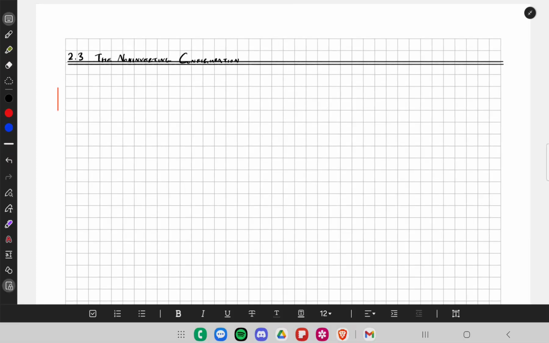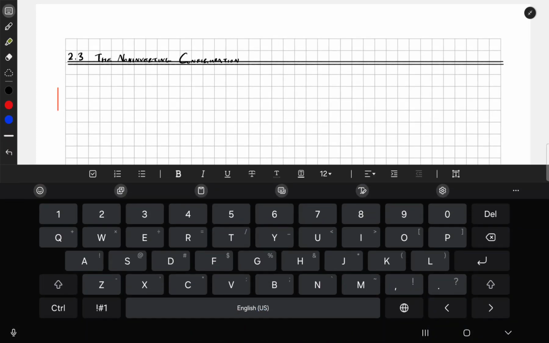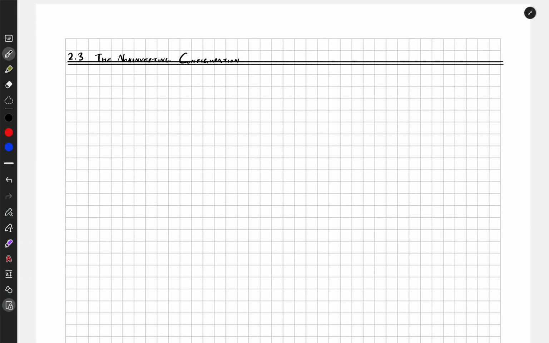So, what is the non-inverting configuration composed of? We can make a circuit that is very similar to what we have done in the past for the inverting configuration, with small modifications to make this non-inverting configuration.